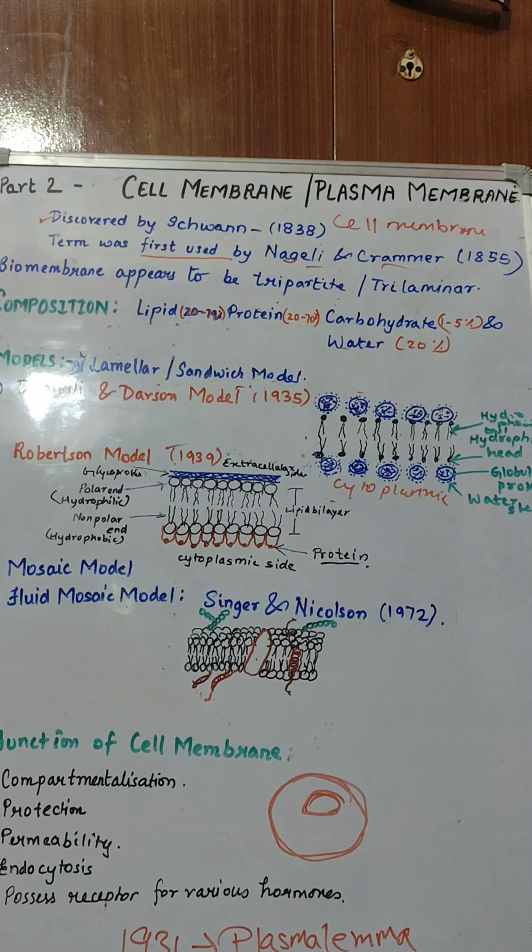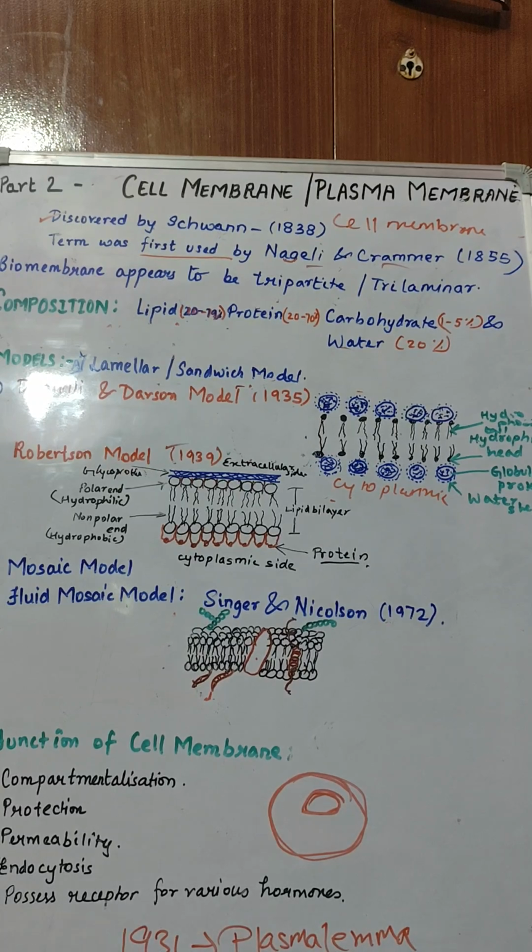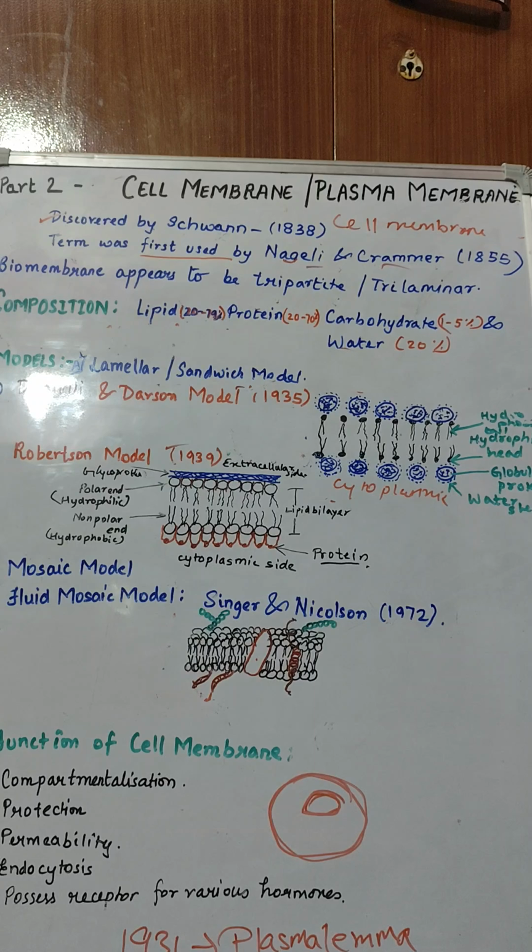Composition of plasma membrane. Plasma membrane consists of lipid, protein, carbohydrate and water, and I have also written the proportion. The proportion of lipid is given as 20 to 79%. The lipid proportion in the cell membrane depends upon the type of cell it is, whether it is an RBC, a muscle cell, or another kind of cell.